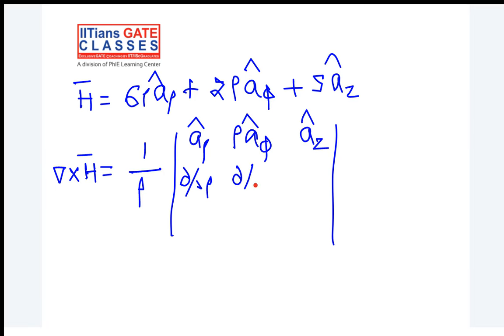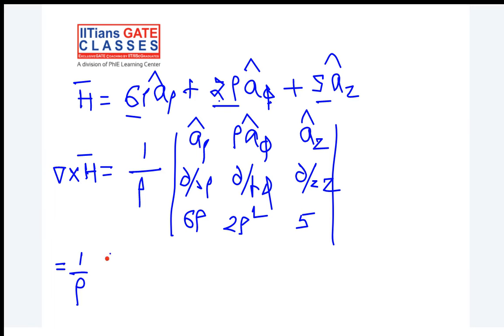So simplify that: 1 by rho, a rho cap into dou by dou phi of 5 is 0 minus dou by dou z of rho square will be 0, minus rho a phi cap into dou by dou rho of 5 will be 0 and dou by dou z of 6 rho will be 0, plus az cap into dou by dou rho of 2 rho square will be 4 rho, minus dou by dou phi of 6 rho will be 0.